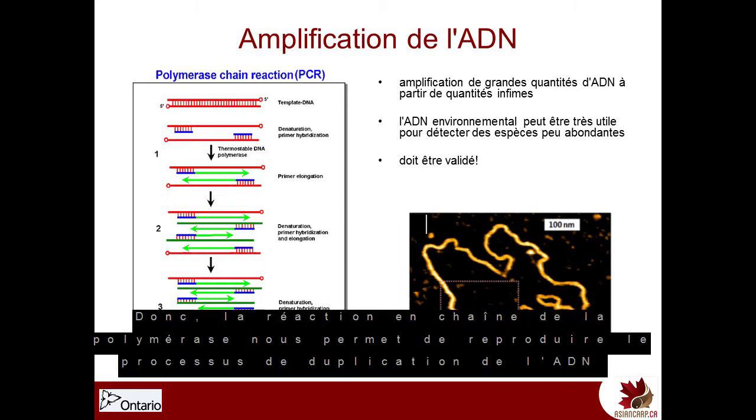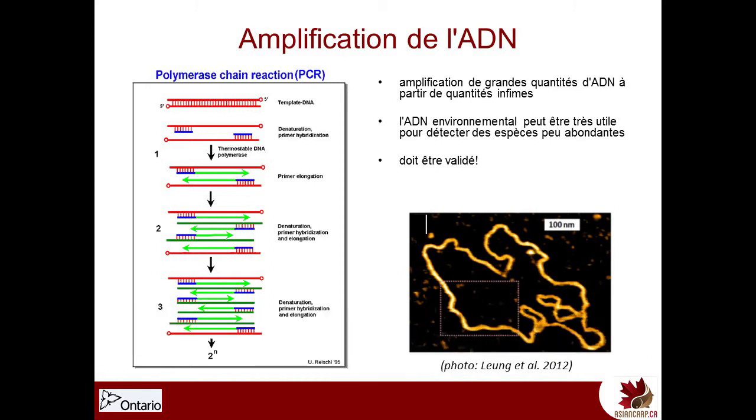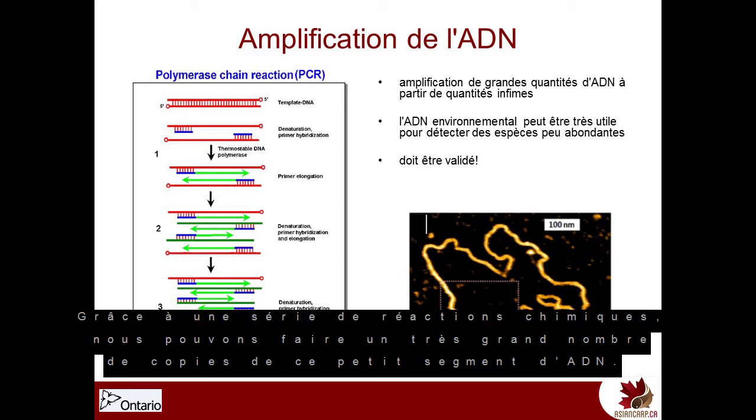So the polymerase chain reaction allows us to basically replicate DNA duplication in cells, but instead of going for your whole genome, it's identifying a small, simple fragment. And through a series of chemical reactions, we can make billions of copies of that small segment of DNA.